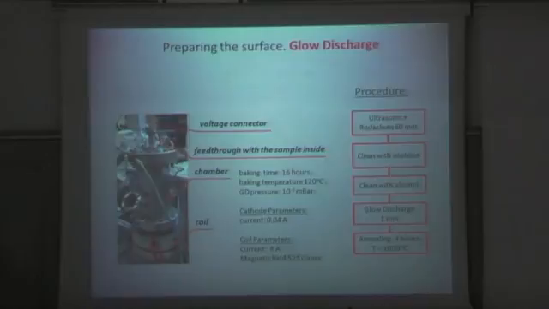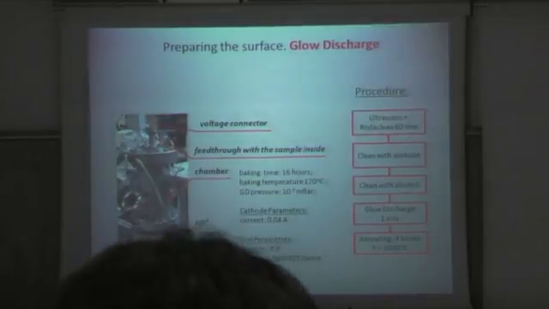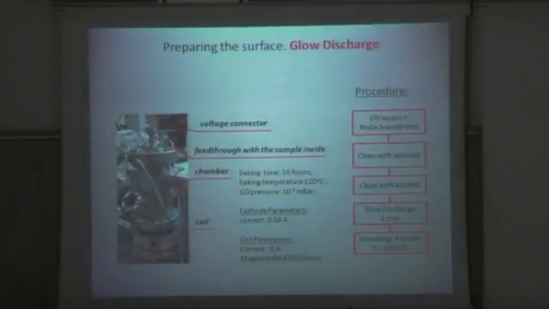So, first of all, we decided to study the influence of the glow discharge process. We discharge the surface of the sample with plasma discharge in the glow regime. Here we can see our chamber. Inside is the sample.